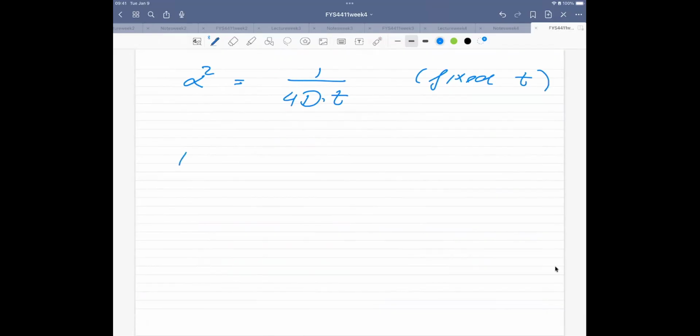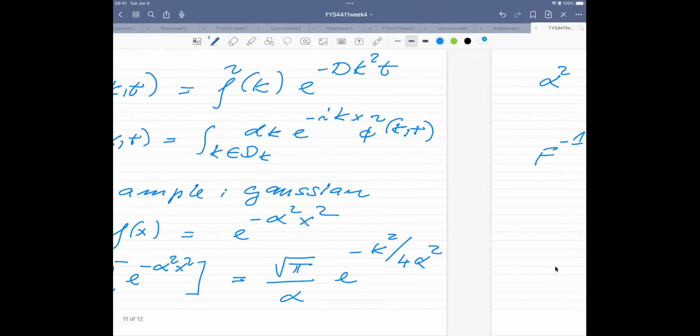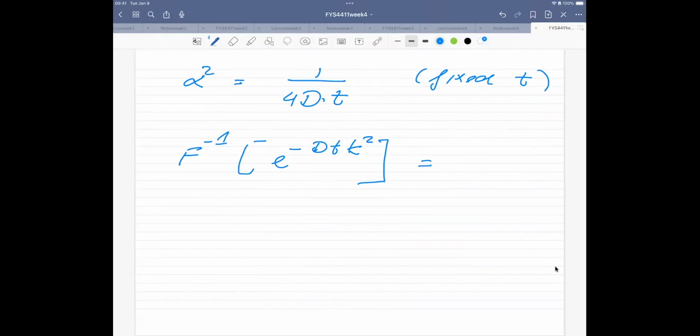That means that for the Fourier transform of this quantity, e^(-D t k squared), we can also find the Fourier transform in the momentum representation, and that is given by e^(-x squared over 4 D t) divided by the square root of 4 pi D t.